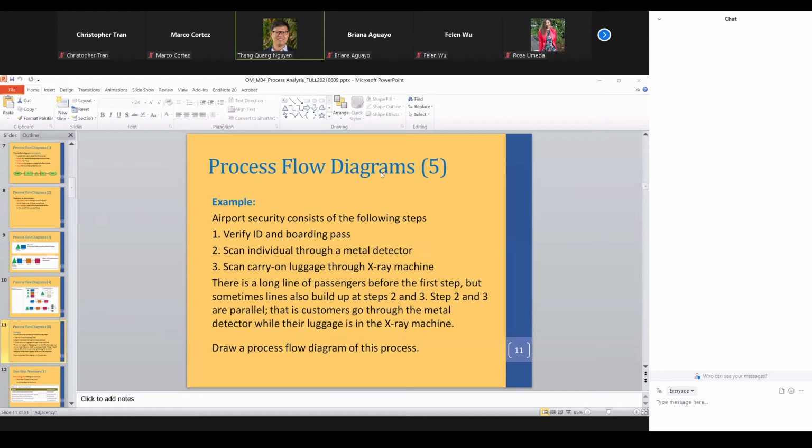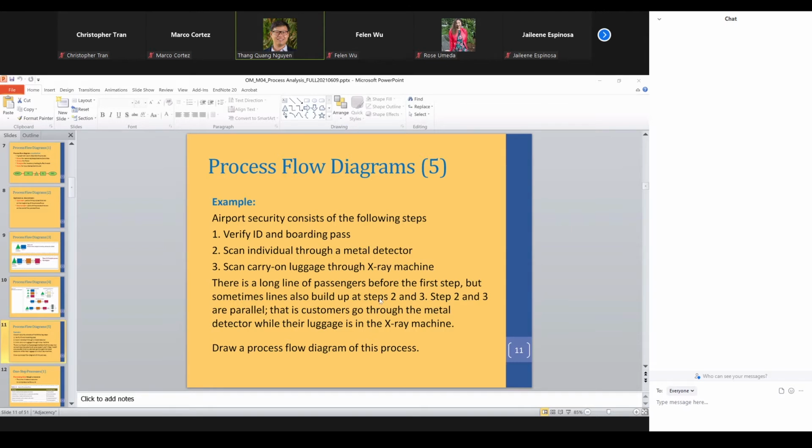Okay, so the question asks us to draw the process flow diagram of this process, right? So besides the 3 stages or the 3 steps that I just talked about earlier, there's a long line of passengers before the first step, but sometimes lines also build up at steps 2 and 3.